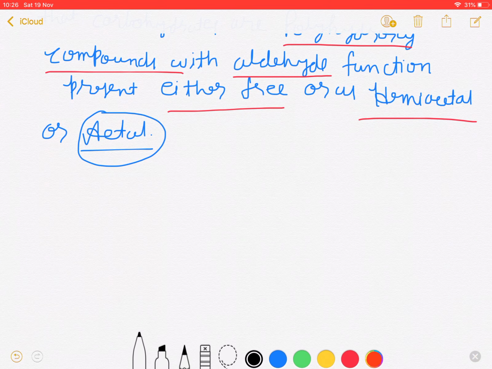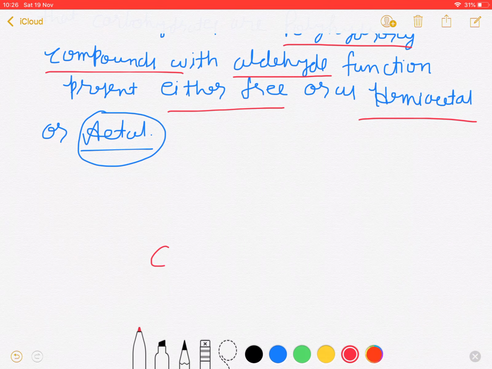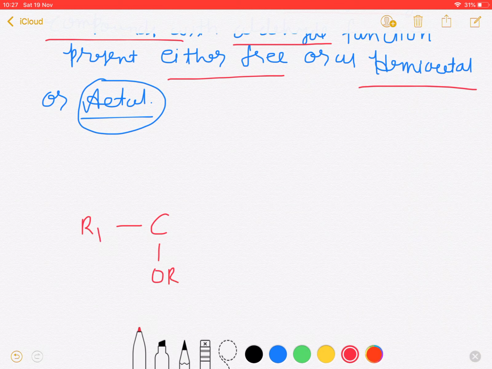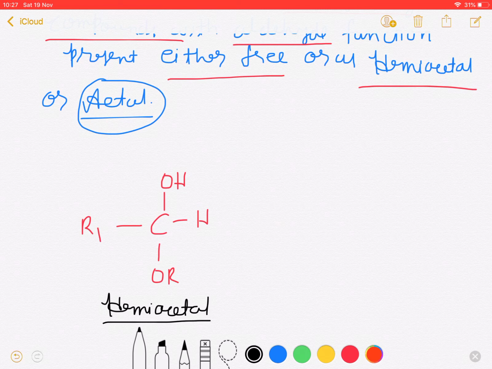For example, when the hemiacetal, R1 OR OH, yes, this is hemiacetal, reacts with alcohol, let's say the alcohol is R2OH, so this is alcohol.